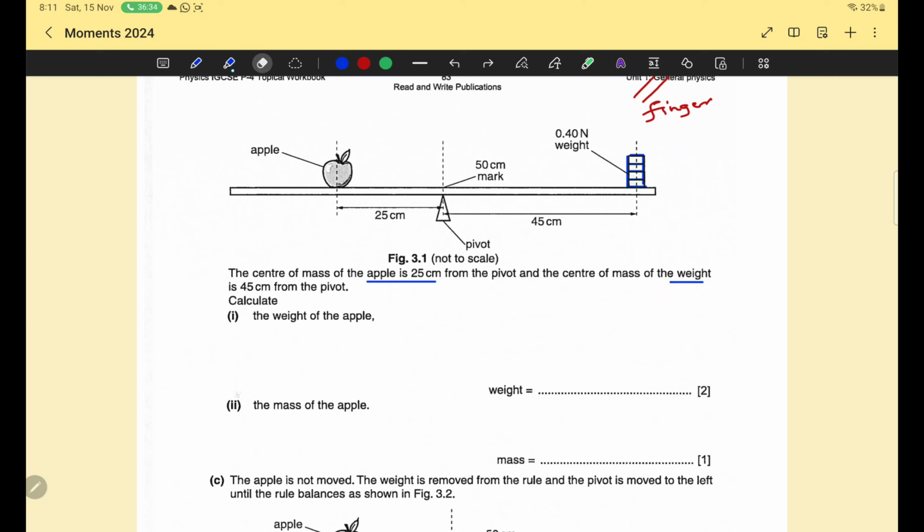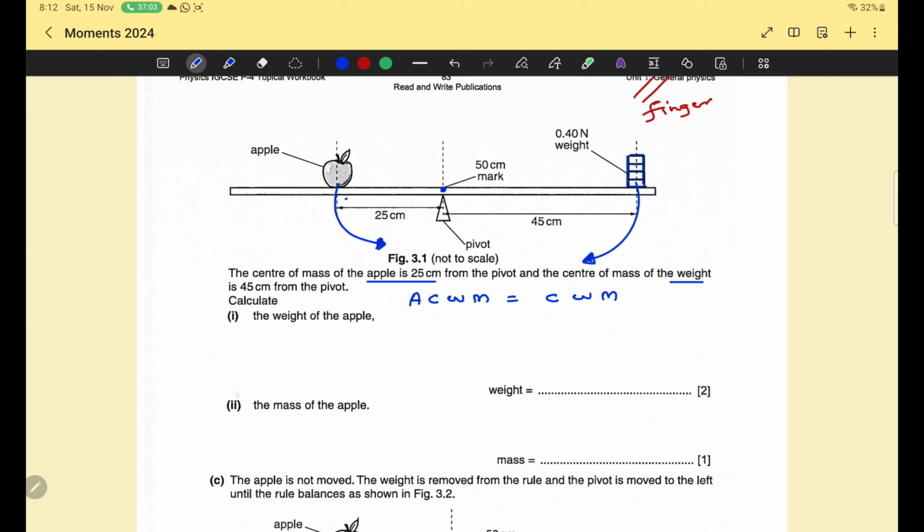Now we are solving. Sir, this weight is producing clockwise movement around the pivot. You are given this is a pivot. So clockwise movement by weight and anti-clockwise movement by apple. So I am writing anti-clockwise movement equal to clockwise movement.